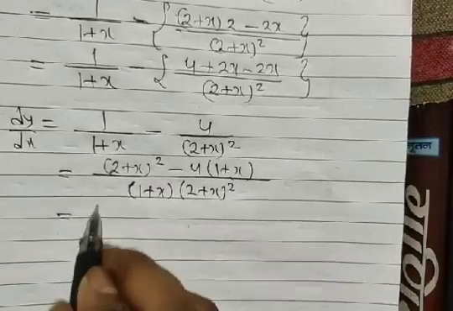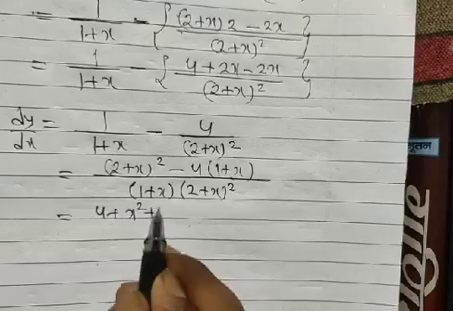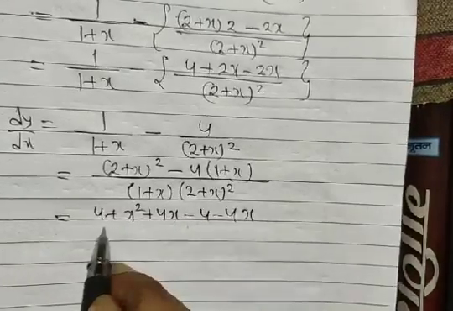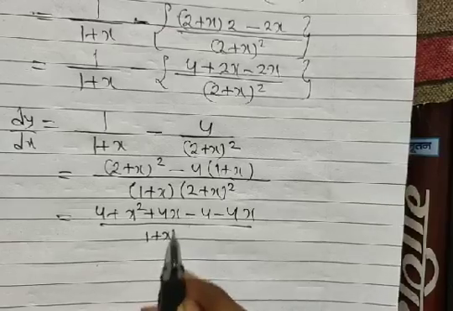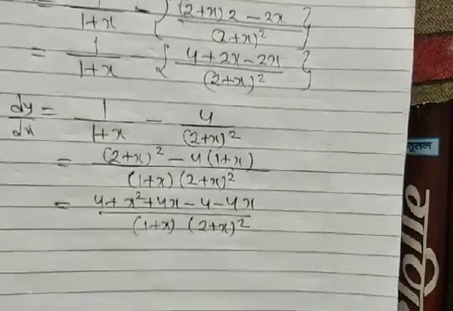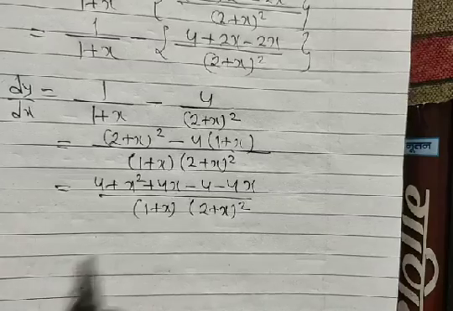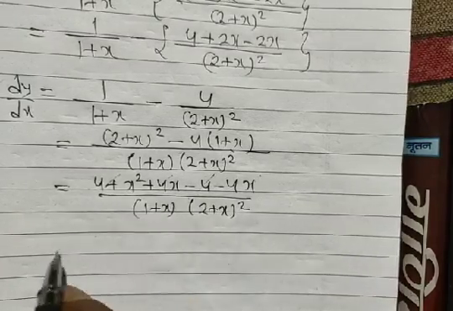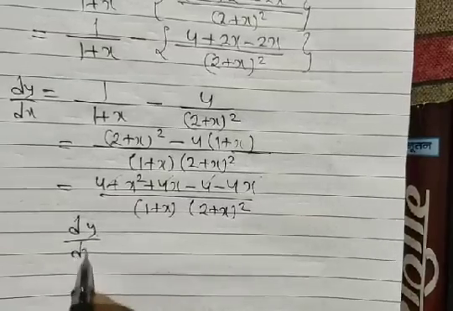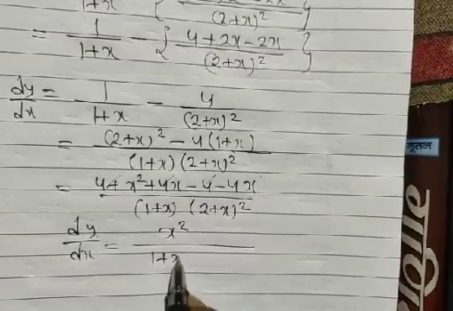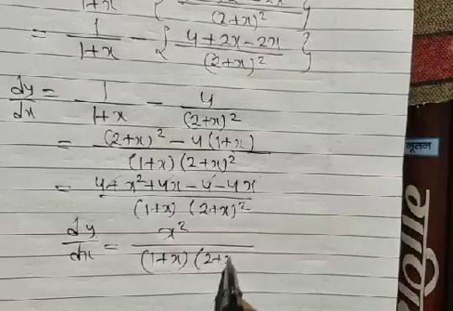Then we get 4 plus x square plus 4x minus 4 minus 4x, and in the denominator 1 plus x, 2 plus x whole square. Now these cancel out, and our dy dx is x square upon 1 plus x, 2 plus x whole square.